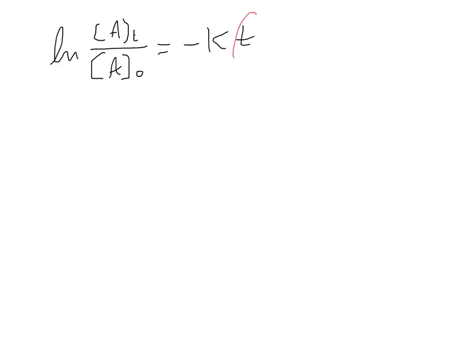There's a few ways to do this problem. I think probably the easiest way is just to take the first order equation, so the natural logarithm of the concentration at time t over the original concentration is minus k times t. And what are we trying to solve for? We're trying to solve for t.